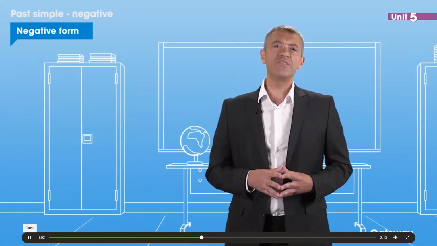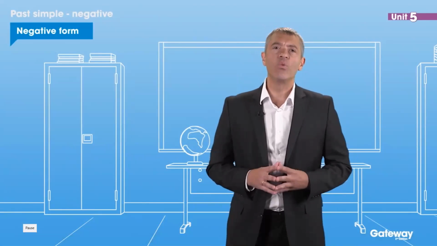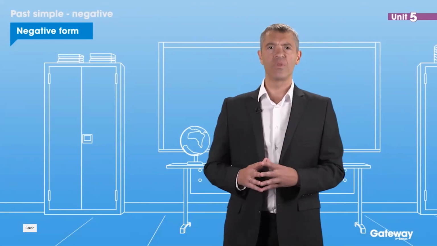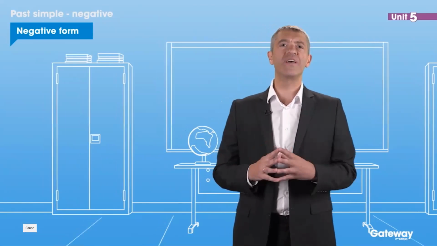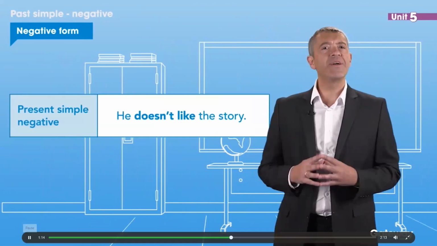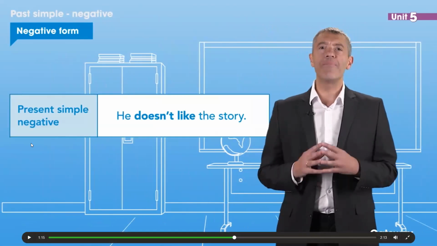To make the negative form of the present simple, we use don't or doesn't before the main verb. So, for example, we say, he doesn't like the story. This is present simple. Verb 1, doesn't or don't. Let's see for past simple.